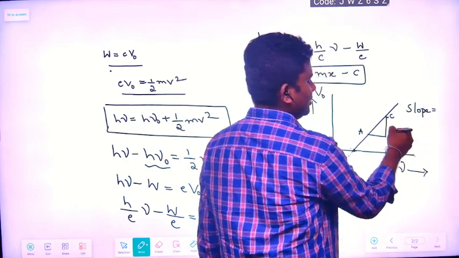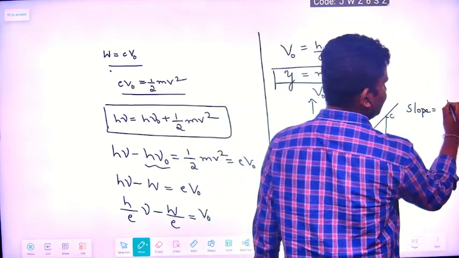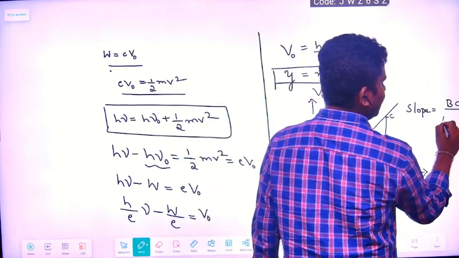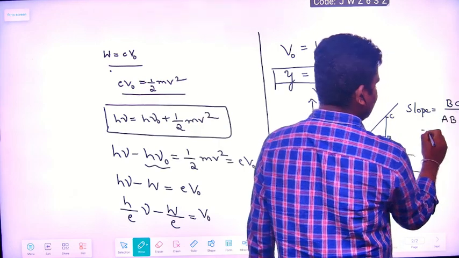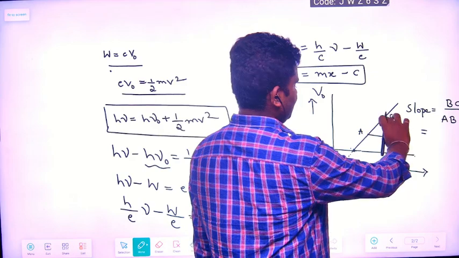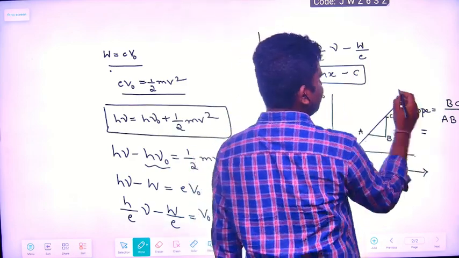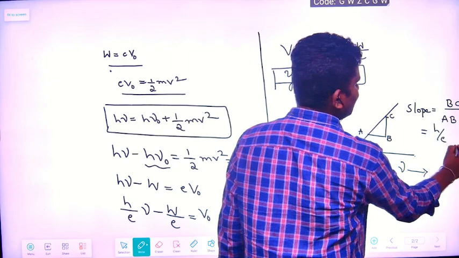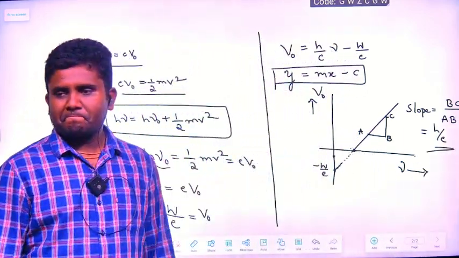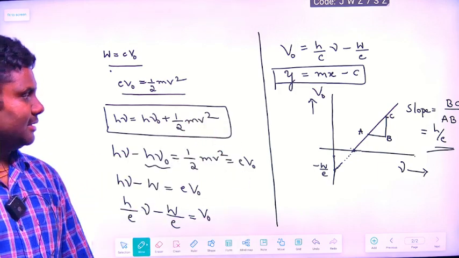Slope is opposite divided by adjacent, BC by AB, which is always V naught by mu naught, stopping potential divided by frequency. So m is h by e. H by e is the slope of this equation. It is a straight line you will get.